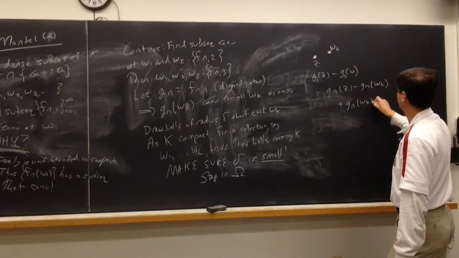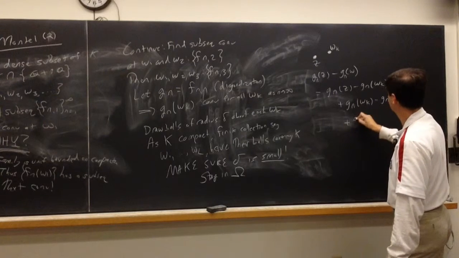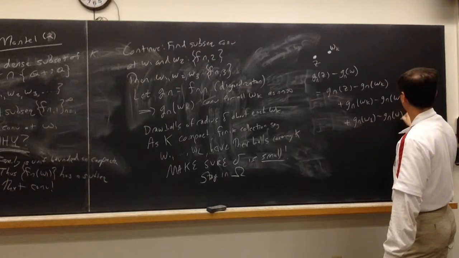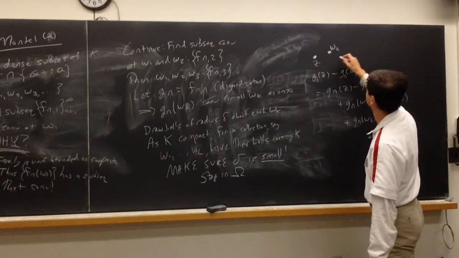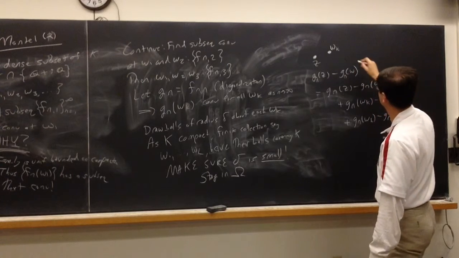Okay, maybe there's WK minus Gn of WL plus Gn of WL minus Gn of W. So I want to do this.